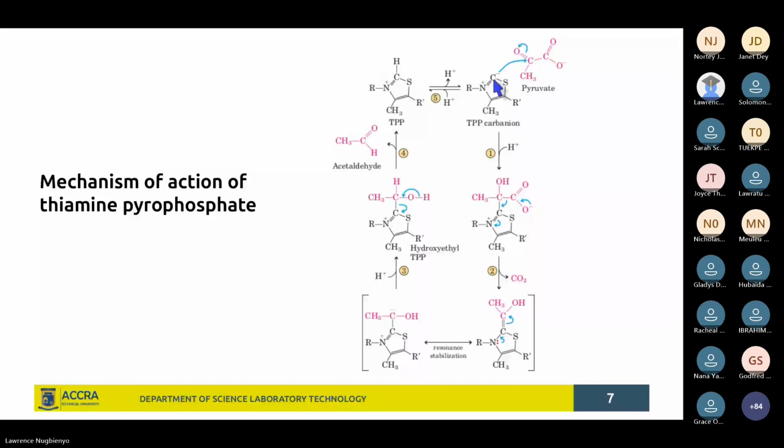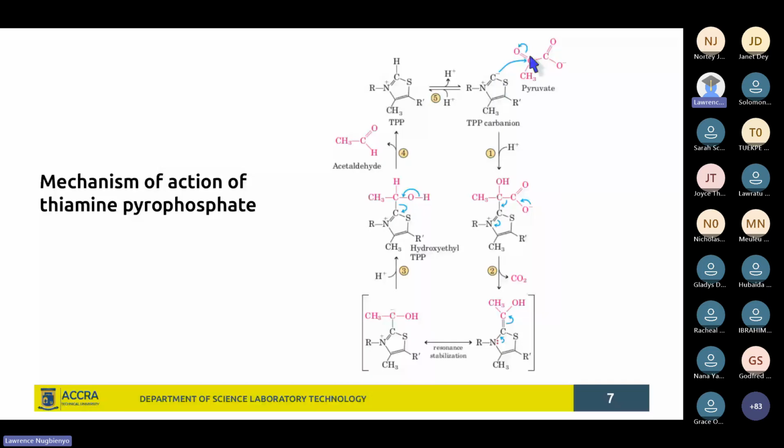You remember that. So we are not showing the full molecule of the thiamine pyrophosphate, but we're just taking that particular portion, which is the thiazolium ring, and that particular carbon there is what is interacting with the substrate, the pyruvate.